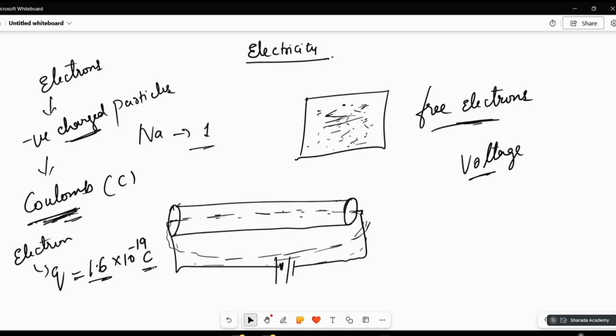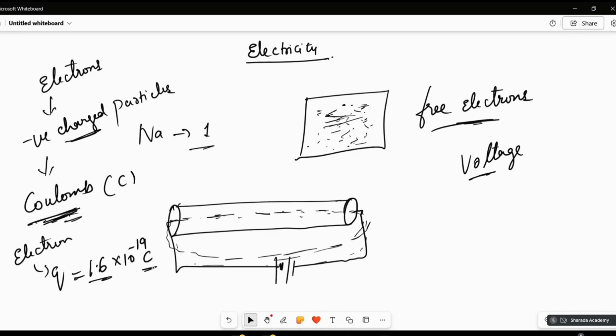Now, current, how we measure? What is the SI unit of current? Lakshit, how we measure the current? Ampere.